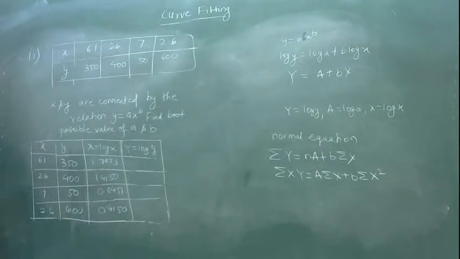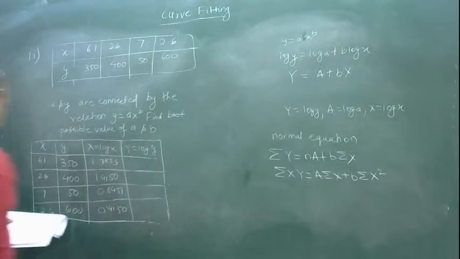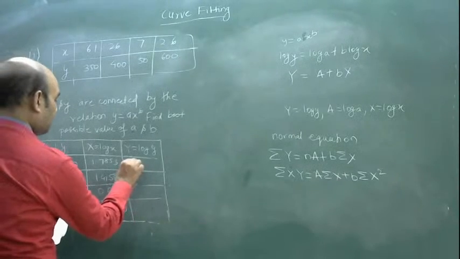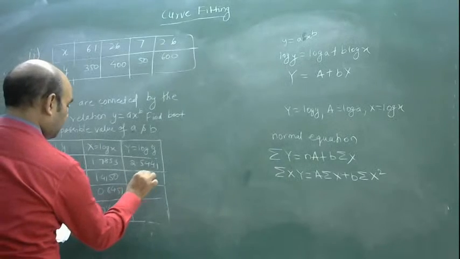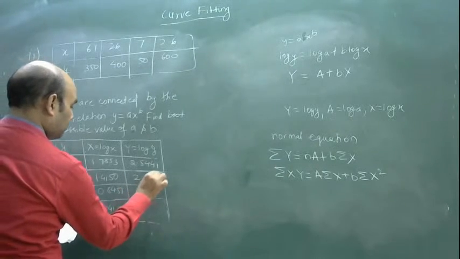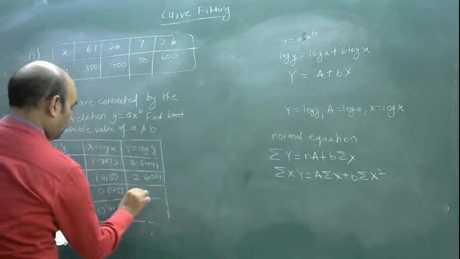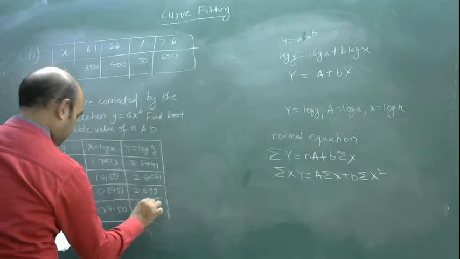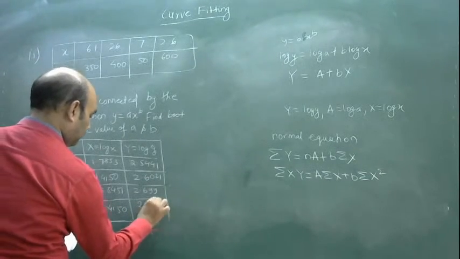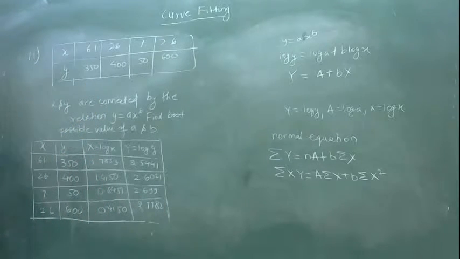And the values of capital Y are 2.411, 2.6021, 2.699 and 2.778. Okay, so we have calculated the values of capital X and capital Y.